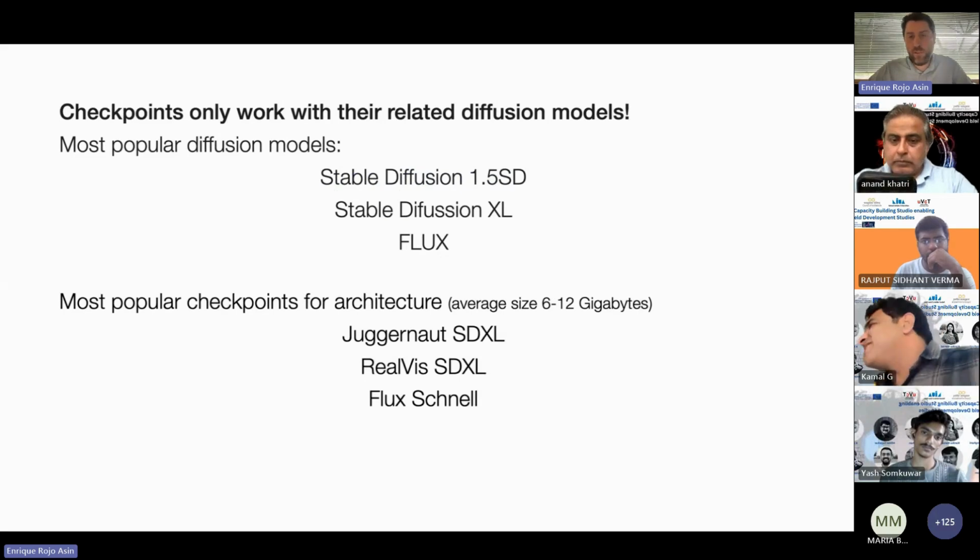As you see, the most popular diffusion models, for example, are Stable Diffusion 1.5, Stable Diffusion XL, or Flux. But what is important is that the checkpoint, which is, in the end, an archive based on this model, is developed not only by these companies, but by people all around the world.